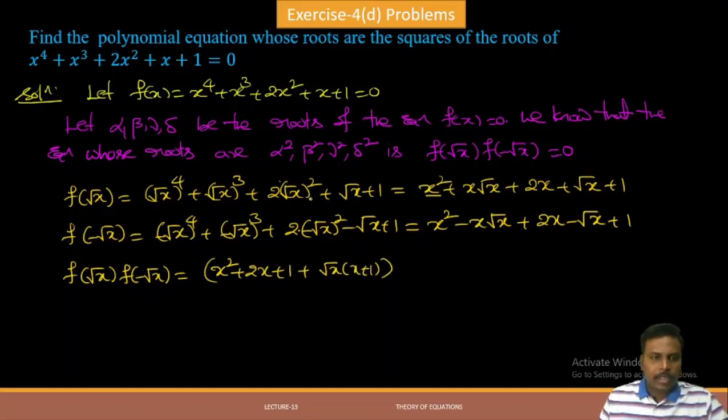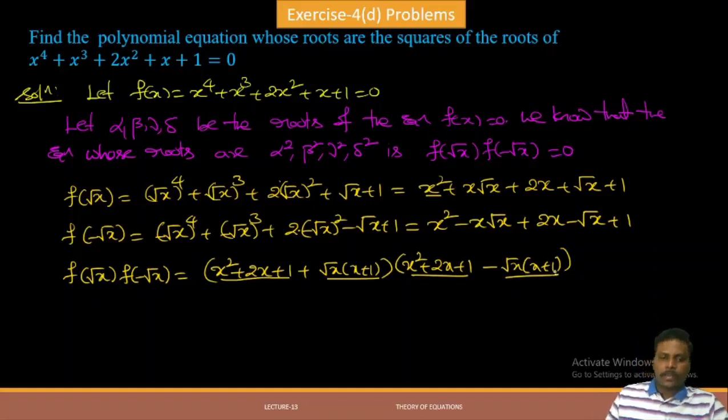I have rewritten this f of root x in this form. These are the terms free from square root, these are the terms containing square root. Now f of minus root x also I will write in the similar way, x square plus 2x plus 1 minus root x into x plus 1. These are the terms free from the square root, these are the terms containing square root.